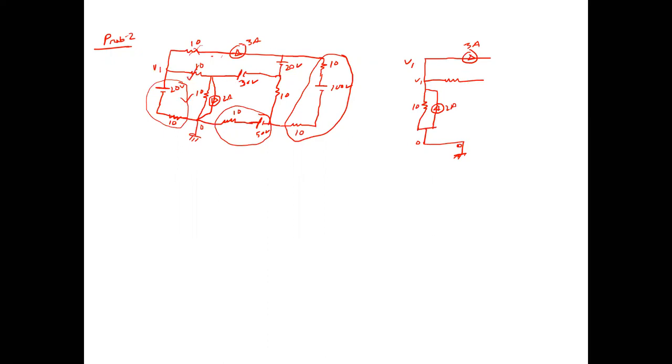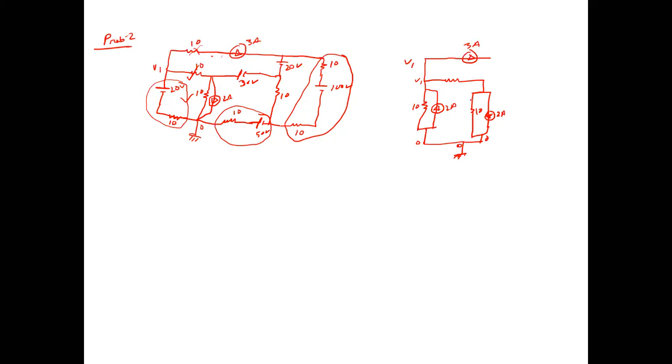Now this point to this point, one resistance and one current, 0. This resistance is 10 and the current flow is this 2 ampere.